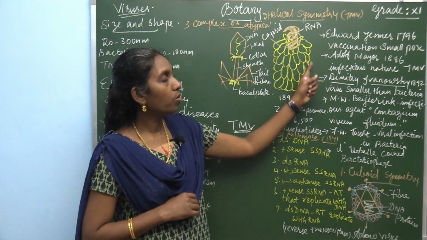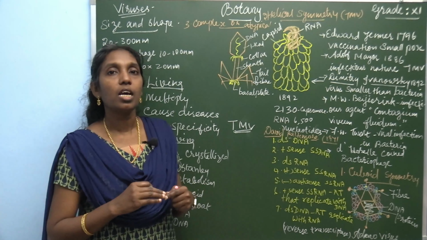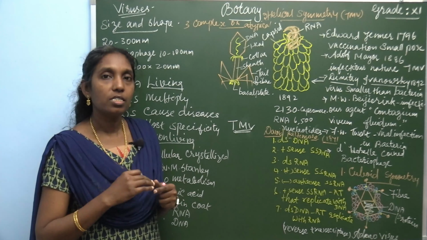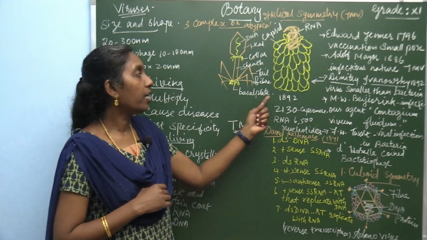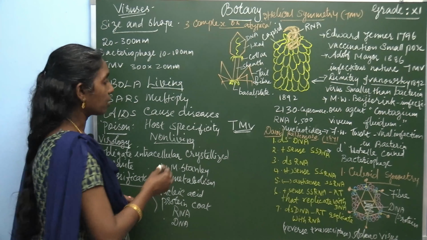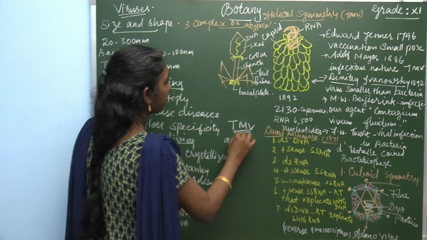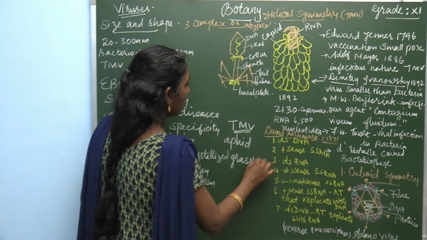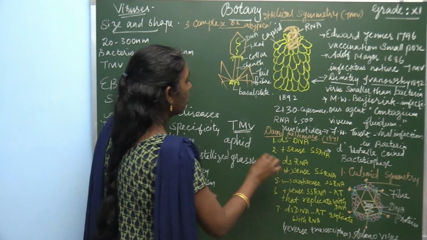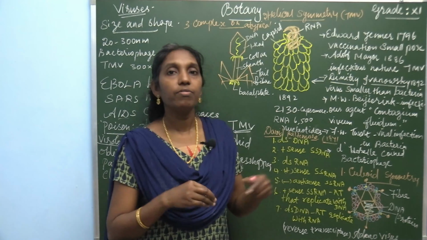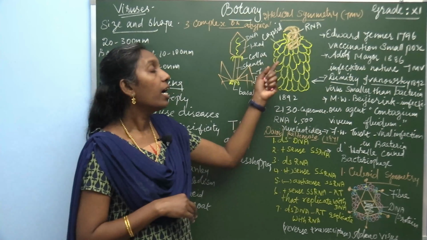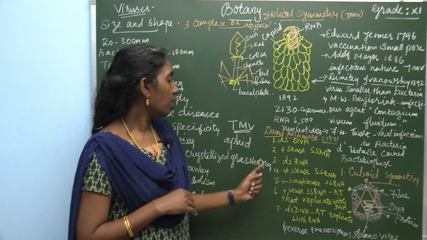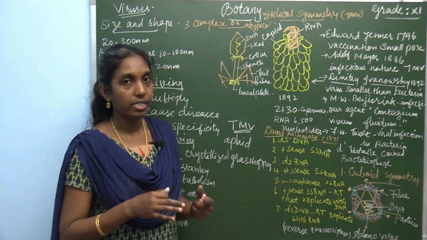This tobacco mosaic virus infects the tobacco plant. The infections are caused by aphids and grasshoppers. The healthy plant is infected by these insects, aphids and grasshoppers.